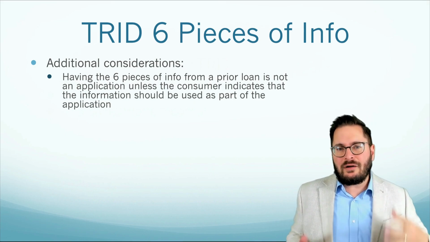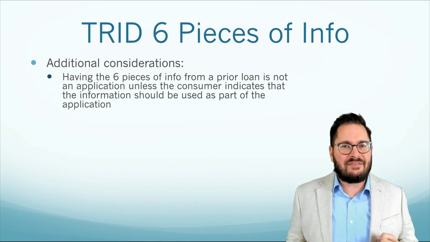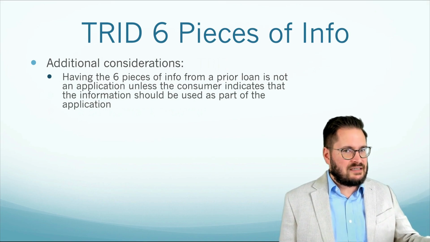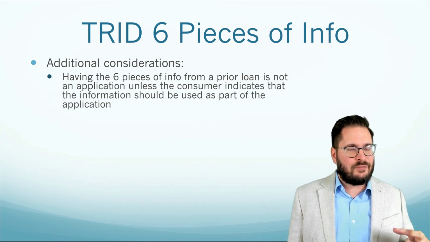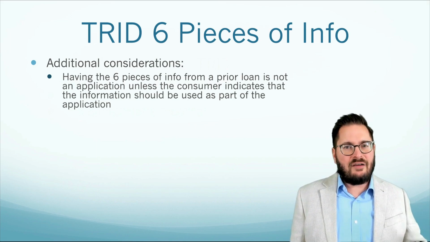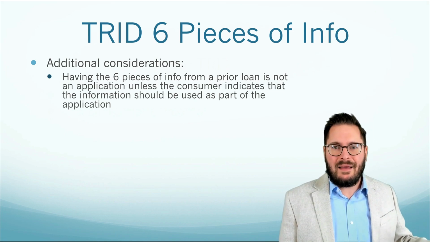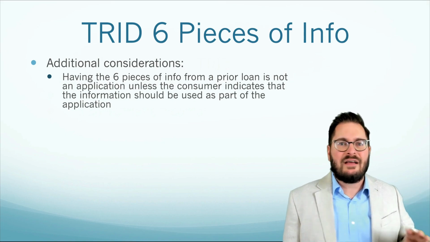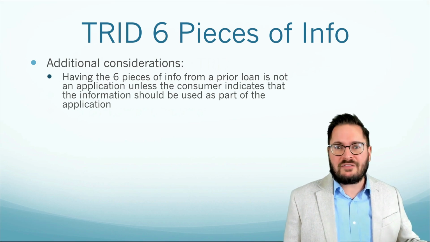In addition, one question that I've seen come up several times over the years is, what if the information is actually entered on our online application system? So the financial institution, the lender, has the information on the system, but the customer never hit apply. So it's kind of in their login, but it never got sent to us. Do we need to be checking to make sure that we don't have 6 pieces of information? Is that a trigger for us, or how does that work?